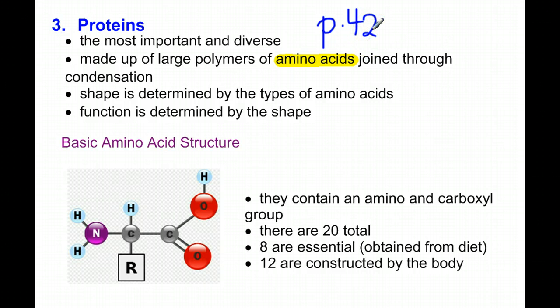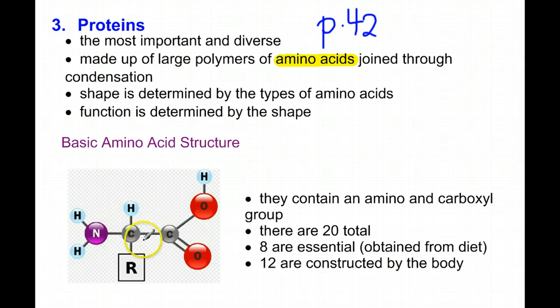So there's 20 different amino acids total, but here's what's similar about every single one, and here's why we're outlining the basic amino acid structure. Every single amino acid, all 20 of them, will contain this backbone that you see here, and I'm going to highlight the importance of what you see here. So again, remember this R just means that other groups of molecules and atoms can come off of this end of the carbon.